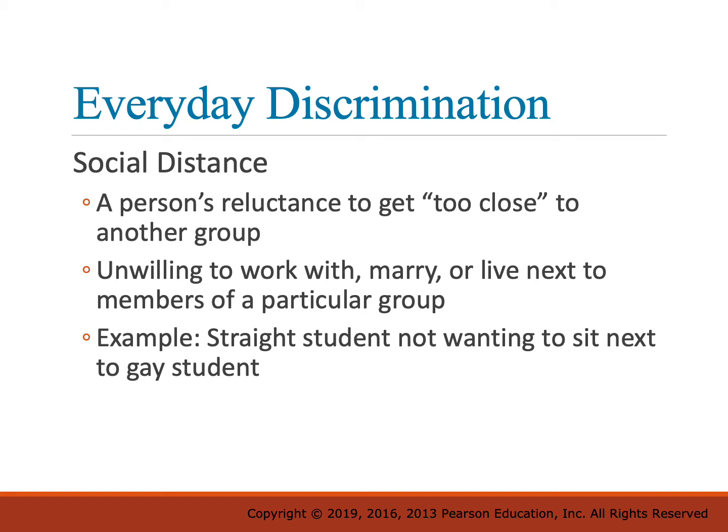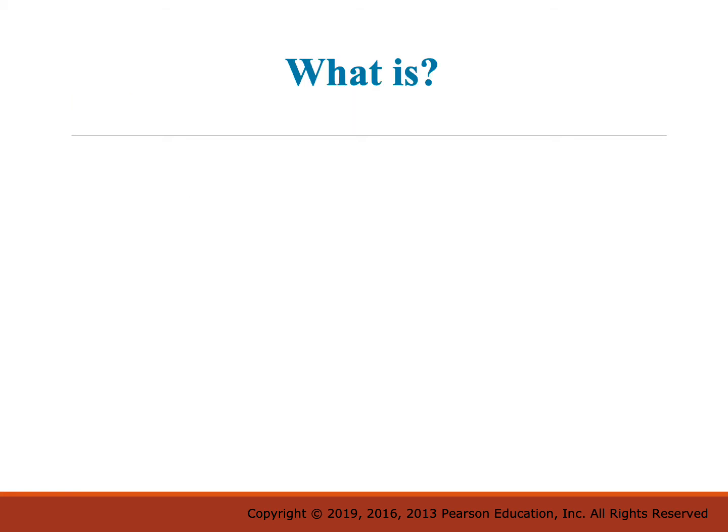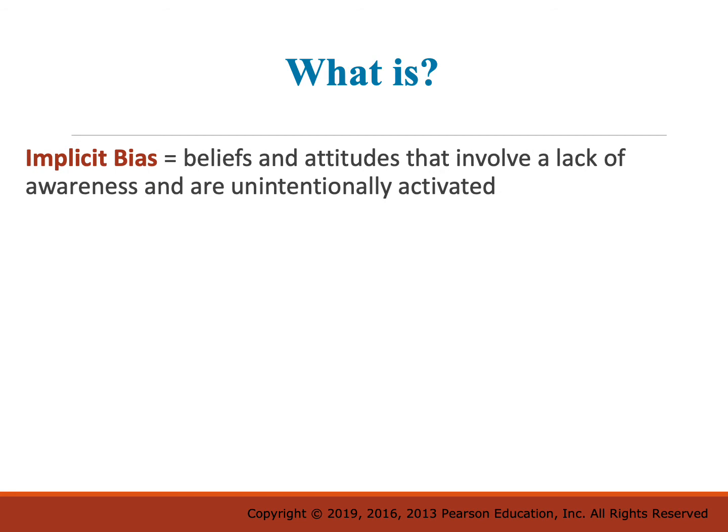Are people truthful about their prejudice? So what is implicit bias? Tell me what implicit bias is. So these are those beliefs and attitudes that involve a lack of awareness and are unintentionally activated, right? This is what we mentioned earlier when we were talking about discrimination in hiring.